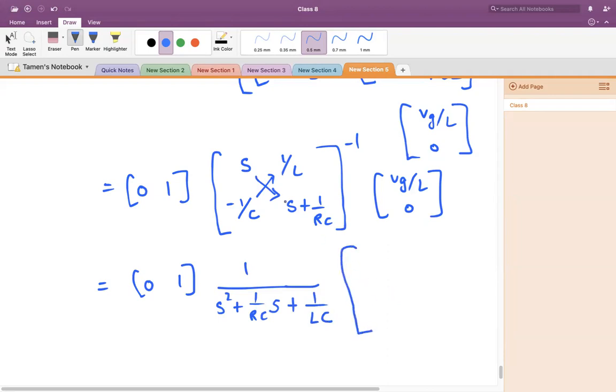Whole bracket. Now for a 2 by 2 matrix, there is a shortcut to find the inverse. Directly we switch these two numbers and change the sign of these two.